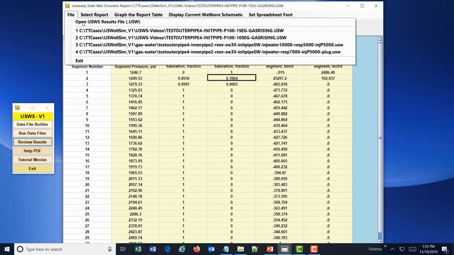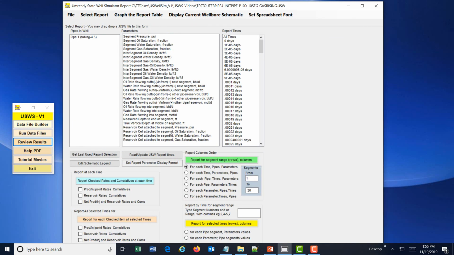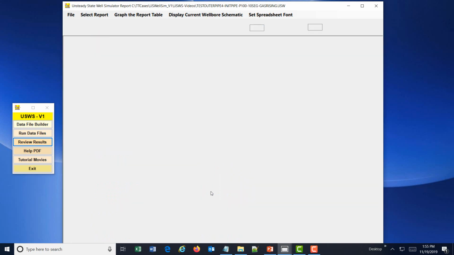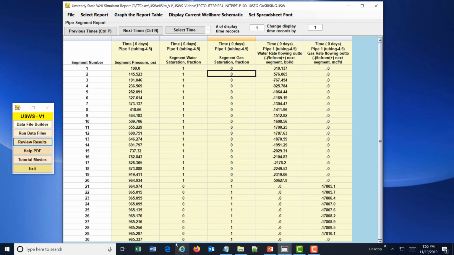We can also see this effect in the 10 segment case, where we have initialized 10 segments of gas at the bottom of the well, with water above.